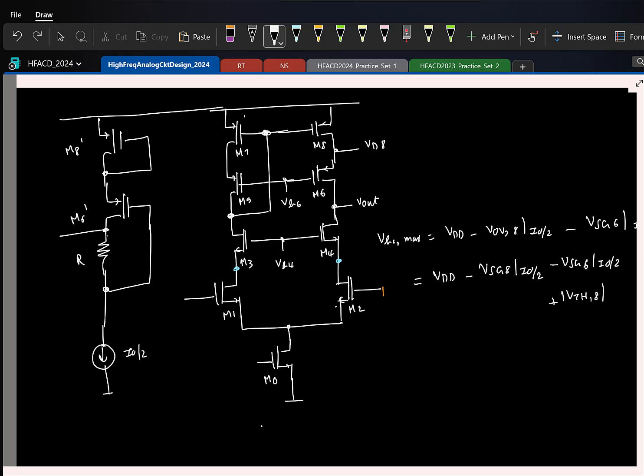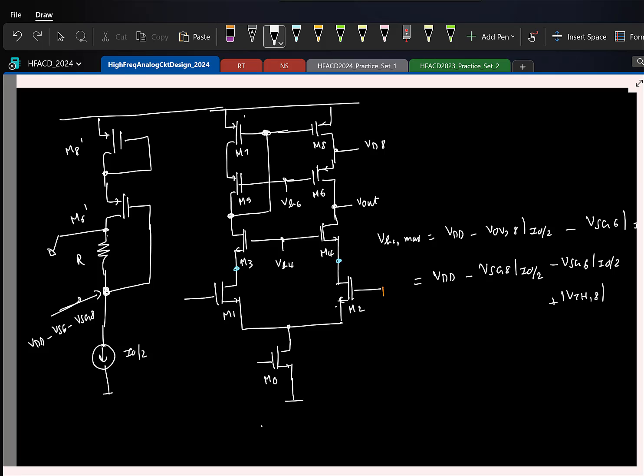So then if I tap from this point, that will be higher by I0 by 2 times R. Remember, this point is set to VDD minus VSG6 minus VSG8. That is this potential. So this one will be higher than this by I0 by 2 times R.